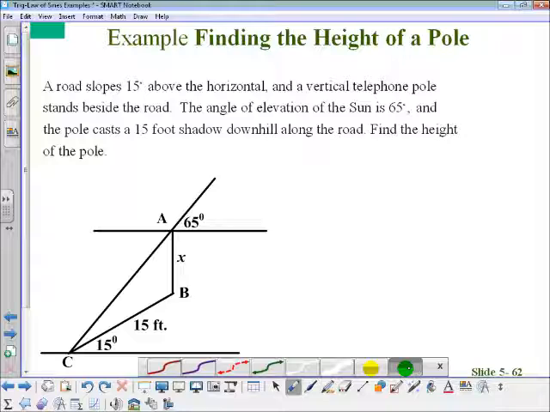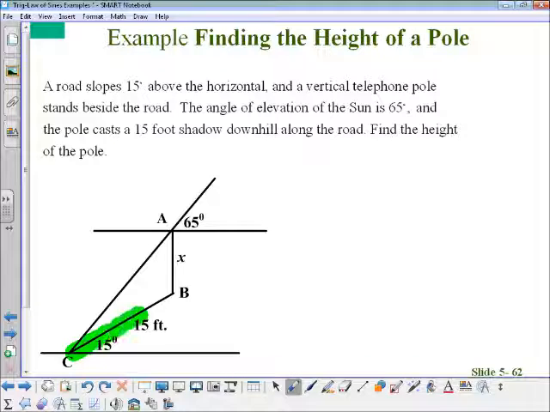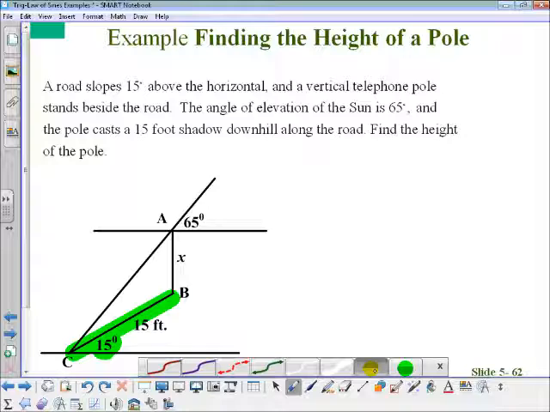The road is actually here, okay, because it's at an angle of 15 degrees. So it's sloping upward at an angle of 15 degrees. Okay, so that green one is the road. This yellow one is our pole.